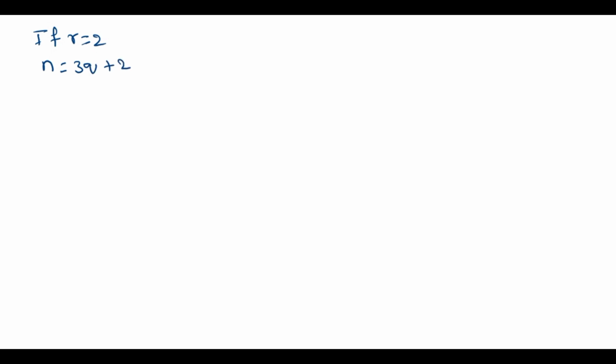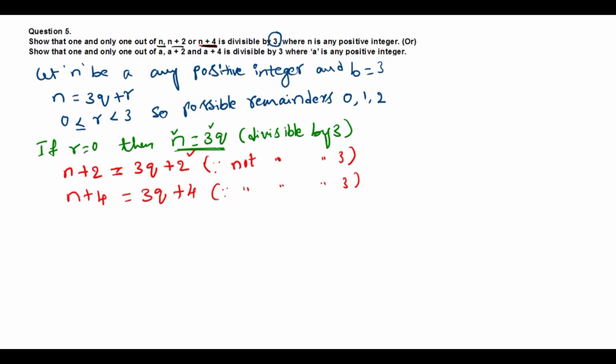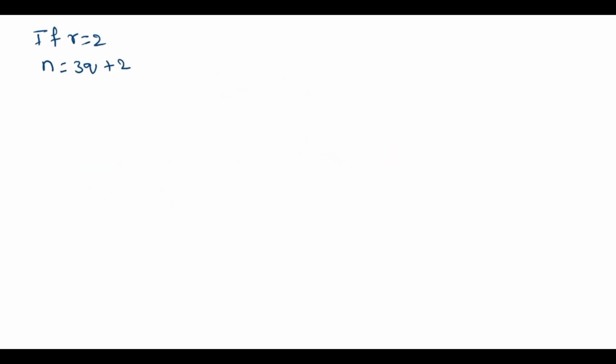Once we check, in the previous case we took 3q plus 1 and added 2. As per the question, we need n plus 2 and n plus 4, so now I am going to take n plus 4. That means 3q plus 2 plus 4, which equals 3q plus 6.